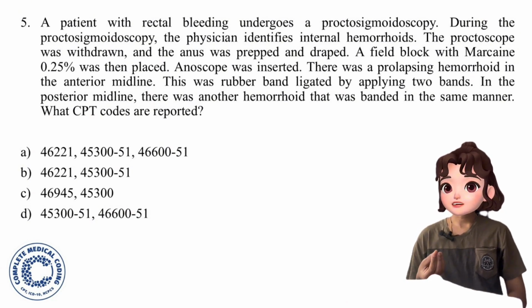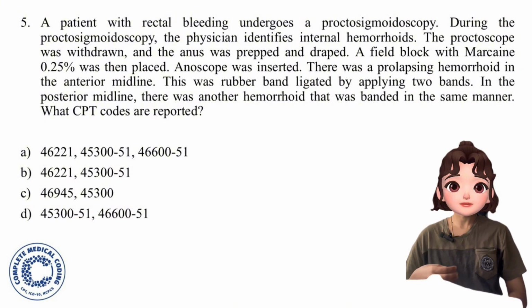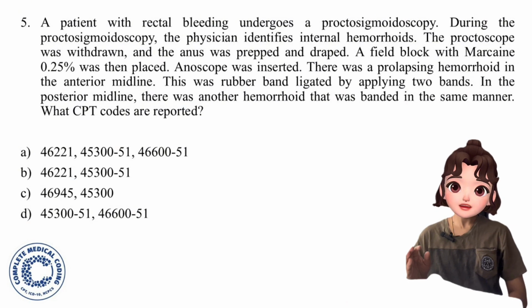The anoscope was inserted for the internal hemorrhoids, which we already marked as 46221. So no need to add 46600 again. Those two are bundled codes, you can't code both together. So skip that option.